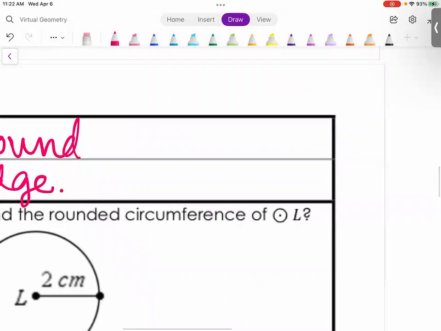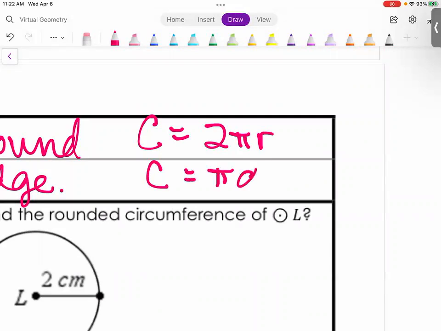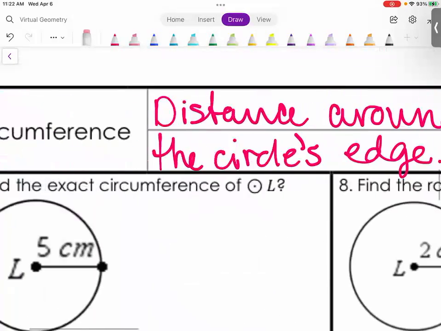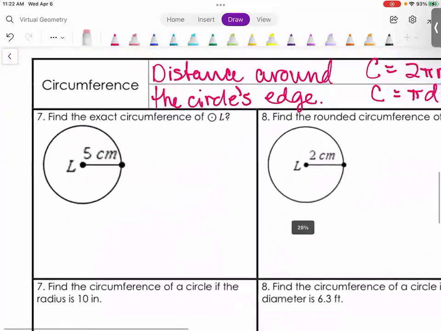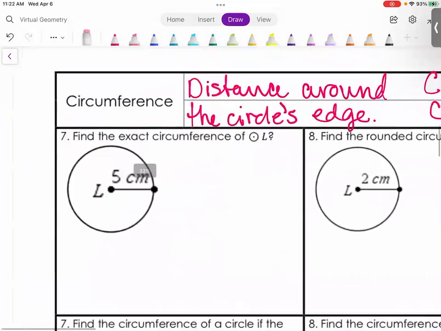We've seen 2 of them. One said your circumference was equal to 2 times pi times r, and one said your circumference was pi times the diameter, depending on what they give us. When we start using these formulas more in depth, there are 2 ways your answers could come about.